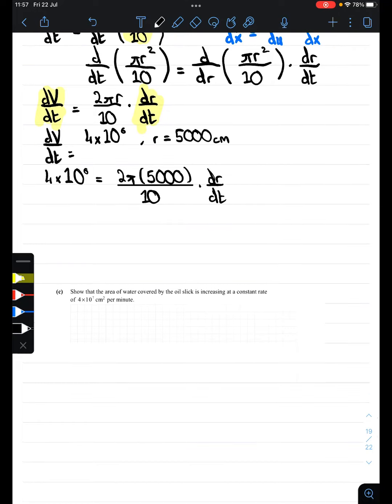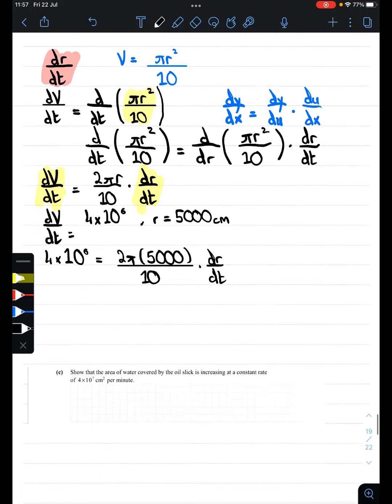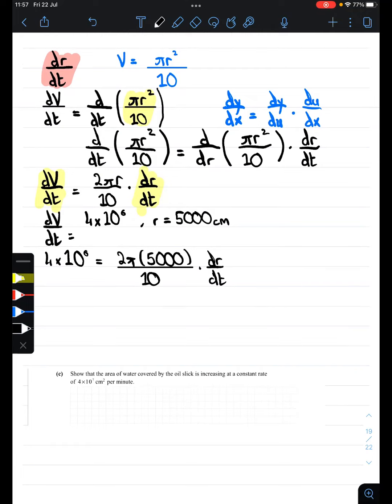Okay, and now if we divide the left-hand side by 2 pi, by 10,000 pi over 10, so just 4 by 10 to the 6 all over 1,000 pi, then we get about 1273.24 equals dr dt.